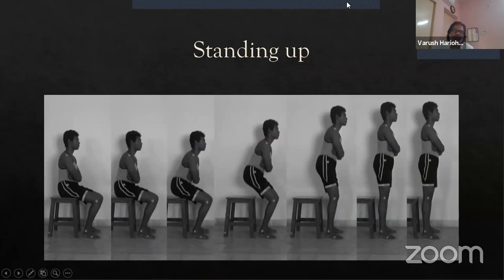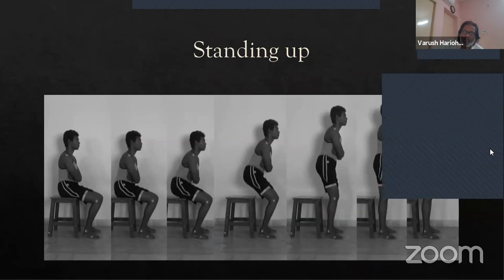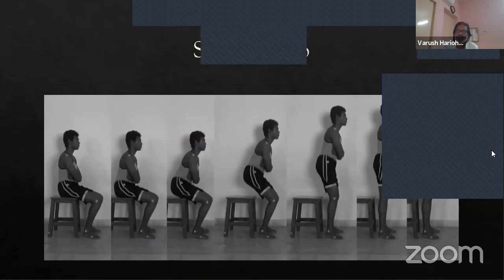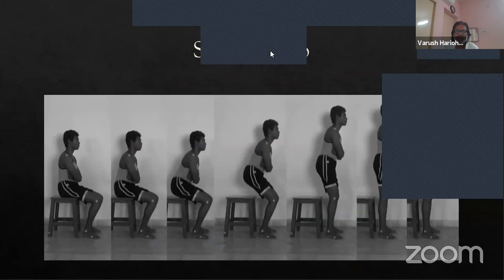What are the two major goals it has to accomplish? Again, you can put it in the chat. Maintain the COG. Okay, what else? Anybody else wants to?